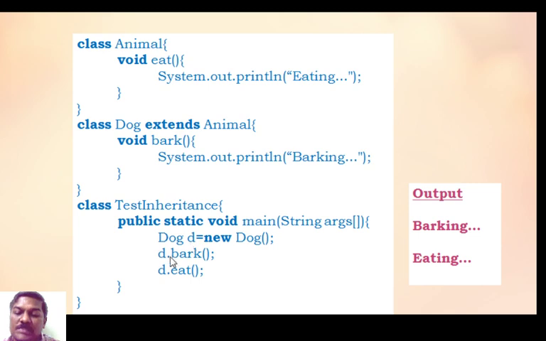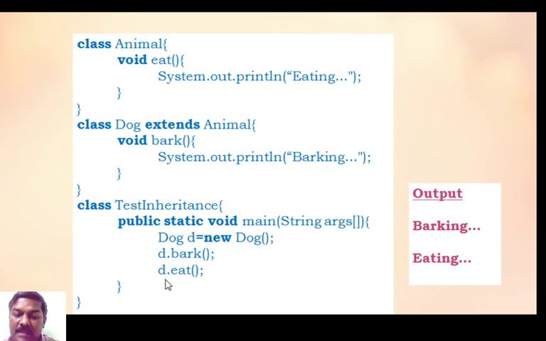Using this object, I am going to access the method called bark, which is available inside the dog class, so that I can access it directly. So by applying the concept, it will print the statement barking.